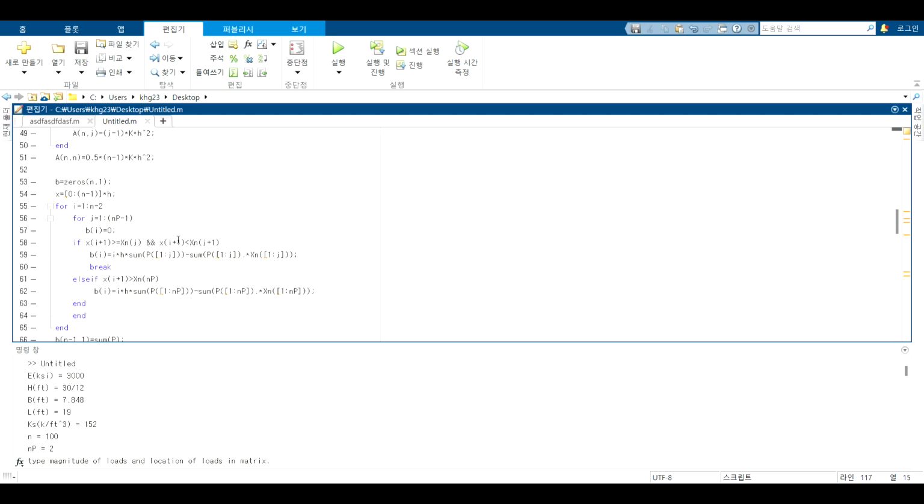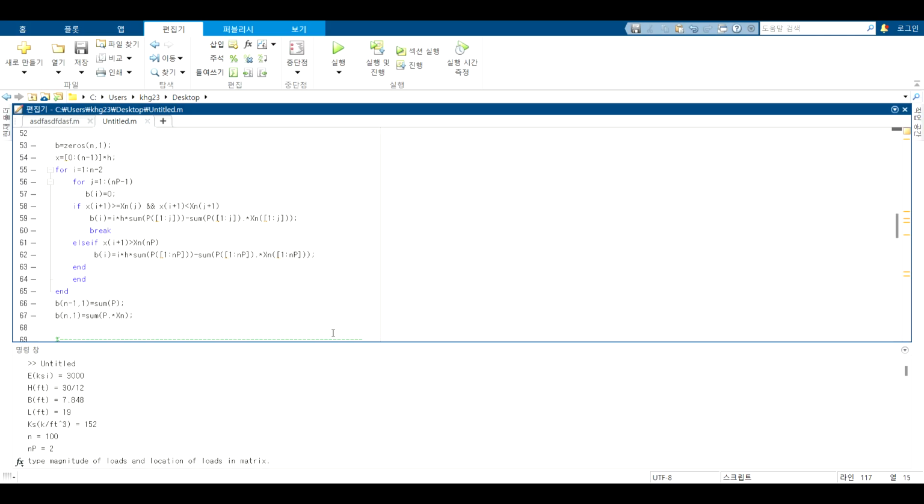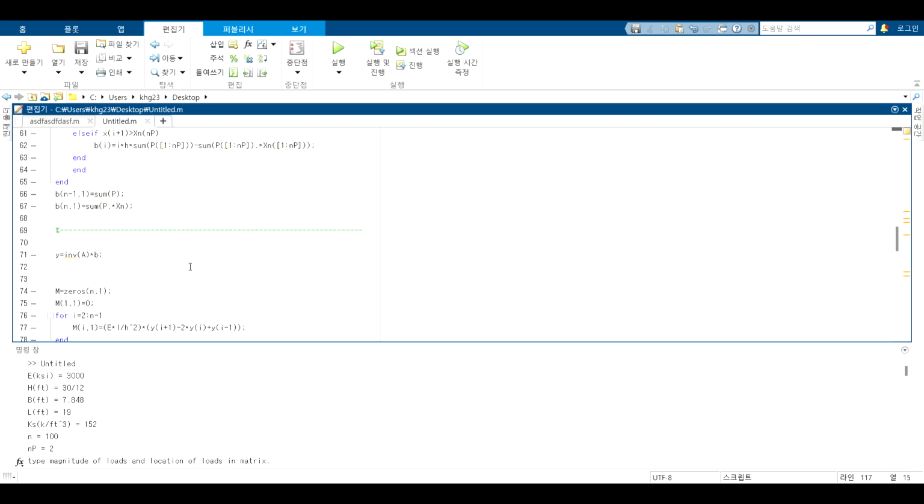And now I'll show you this part of vector B, which represents how the external loads are distributed and accumulated across the footing. Depending on where each load is located, the corresponding values in B are adjusted accordingly. Once the system A multiplied by y equals B is constructed, we solve for the deflection vector y.